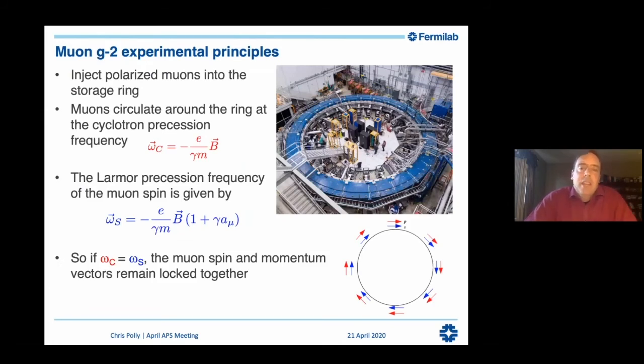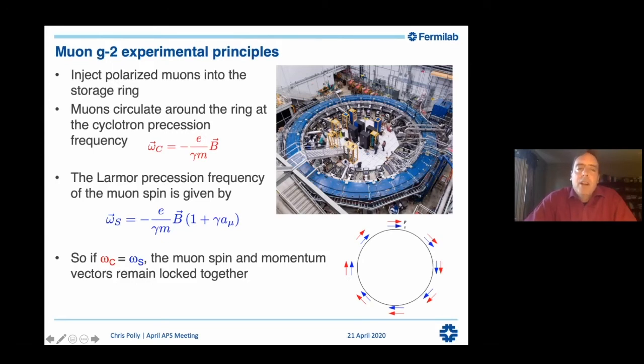To understand the key to the g-2 experiment, I have to tell you a little bit about some of the experimental principles. We start by injecting polarized muons into the storage ring that are obtained naturally through the parity violation in pion decay. They come through in the back of the picture here through these orange beamline magnets and are injected into the muon g-2 storage ring you see here in blue.